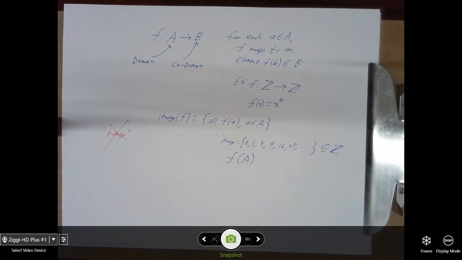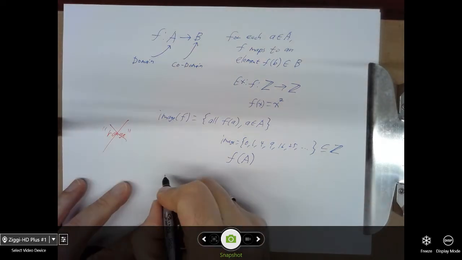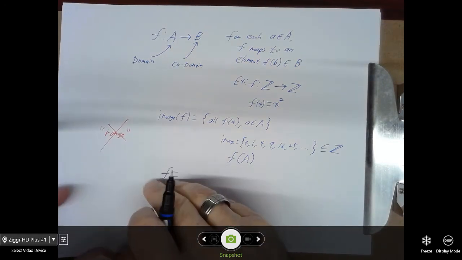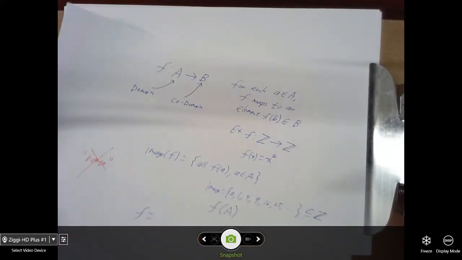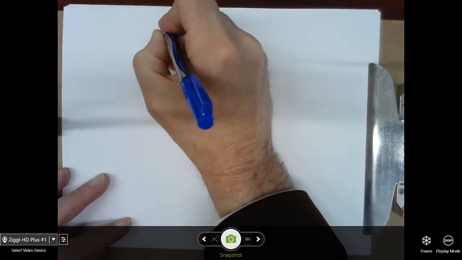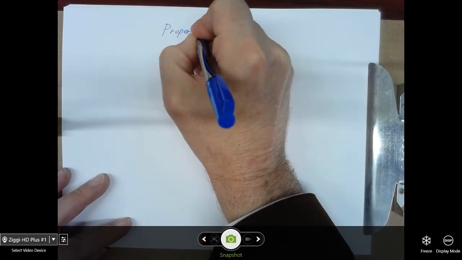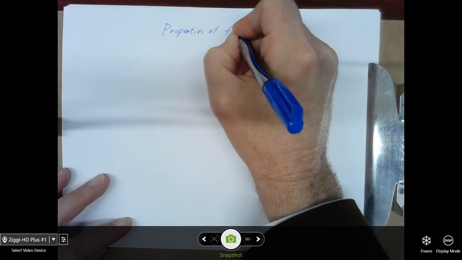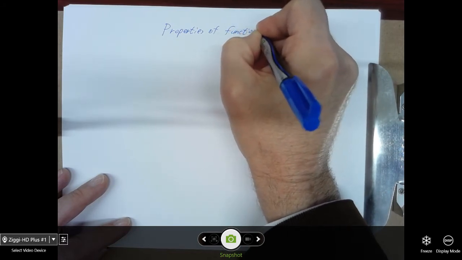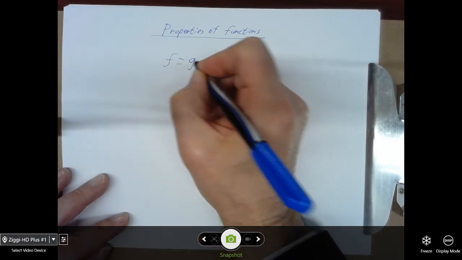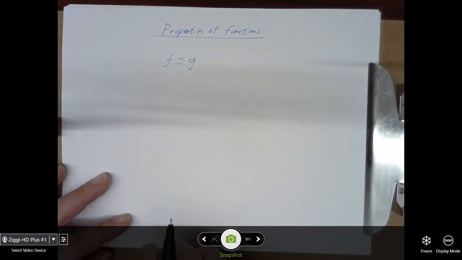So we can start defining properties of functions. So the first notion is equality. So two functions f and g can be said to be equal if the following is true.